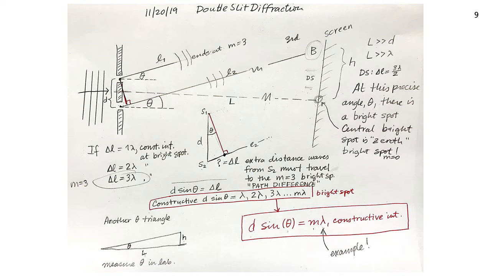This vertical line segment is D. That's the spacing of the slit. So what we've done is we've taken this one, it's kind of small, so I space it out here to the right and down. But that distance between the 2 wavelet sources is D, so that's S2 to S1.